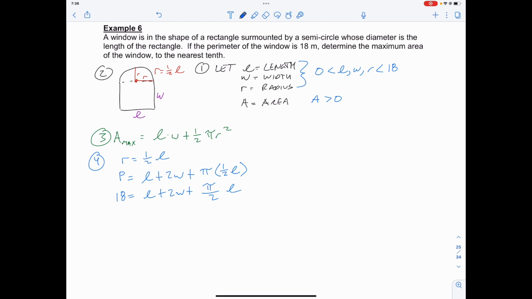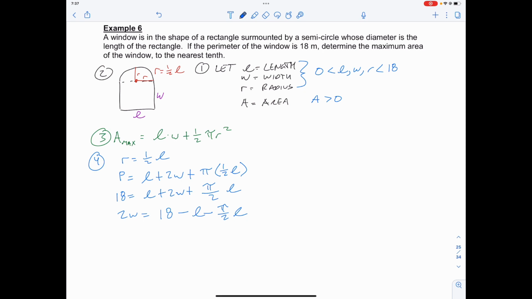So if I take 2W and move those lengths over, then I'm going to have 18 minus a length and minus pi over 2 times a length.